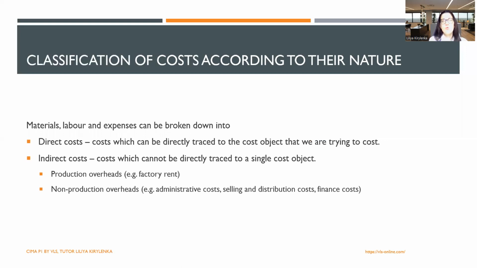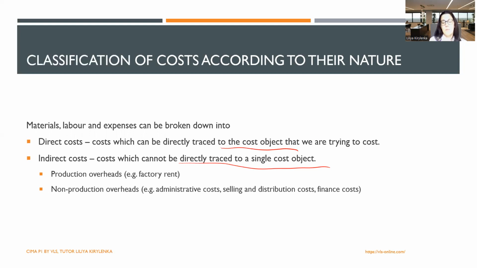Another way to classify is by nature. And when we classify by nature, we classify cost into direct and indirect. And what is the difference? Direct cost is a cost that can be directly traced to the cost object that we are trying to cost. And indirect cost is a cost that cannot be directly traced to a single cost object.